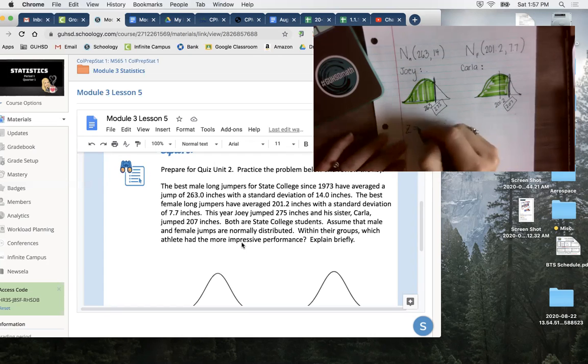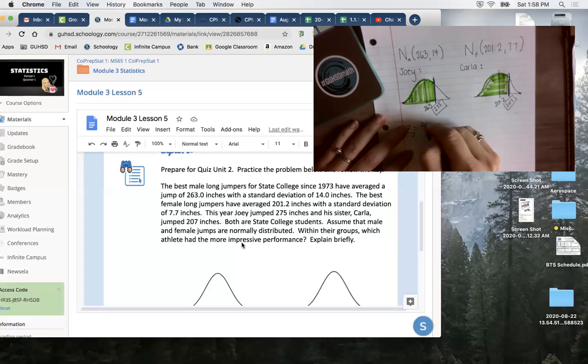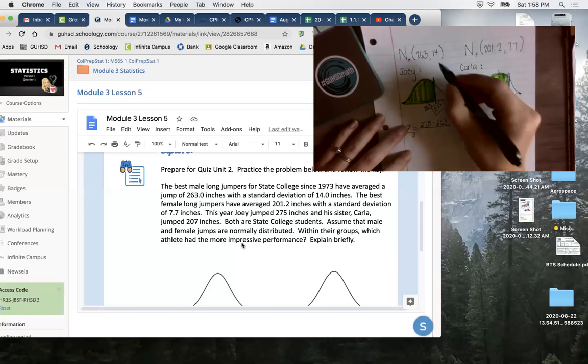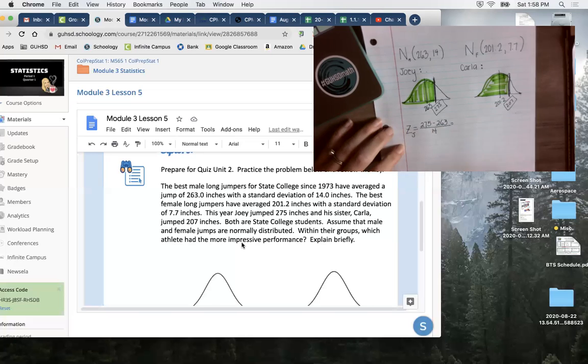So for the z-score, I have Joey, and I'm going to put a J there so that I know I'm calculating his. I am going to take his score of 275 minus 263 over a standard deviation of 14 for male jumpers. This is his relationship to the mean, and then divided by 14.